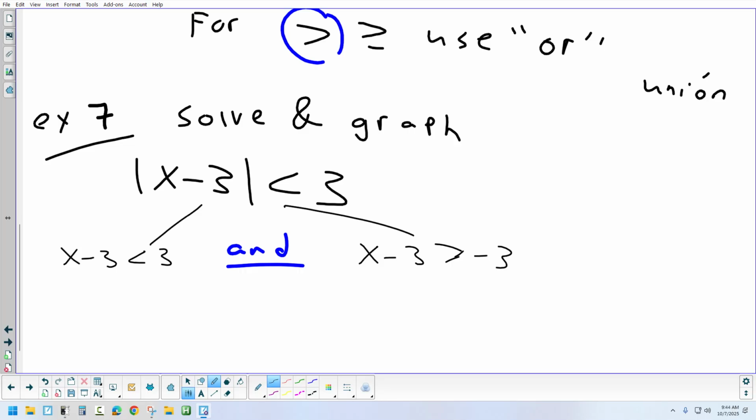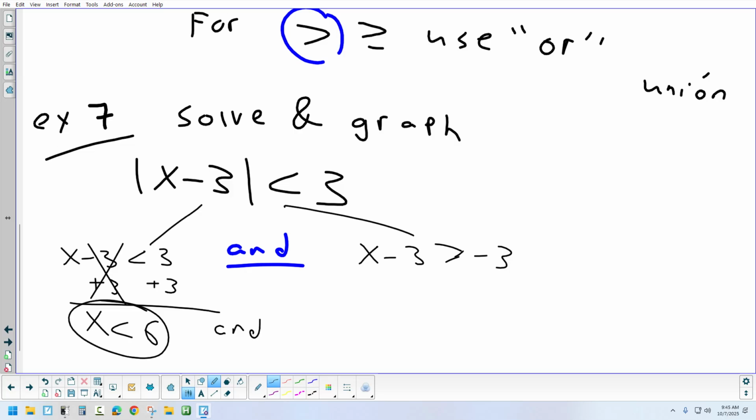Add 3. And we get x is less than 6. And how do we solve the one on the right? Add 3, same steps. And for this one, we're going to get x is greater than 0.